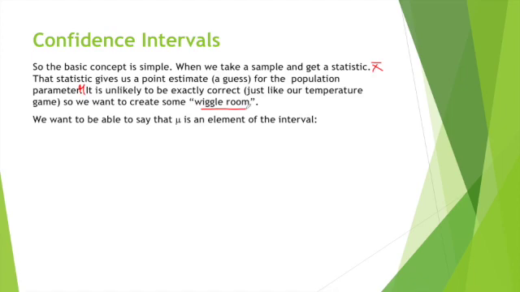We want to say that mu is an element of an interval where we take our sample mean minus something and our sample mean plus something. It depends how big we want our wiggle room to be. In the temperature example, we had a wiggle room of 2 degrees, 5 degrees, and 15 degrees. And we got more and more confident as this got bigger.